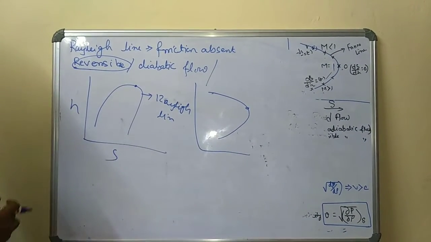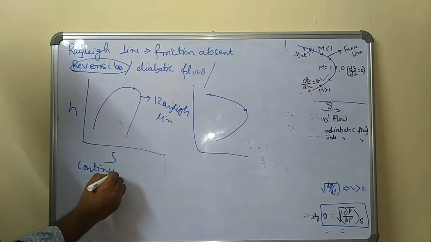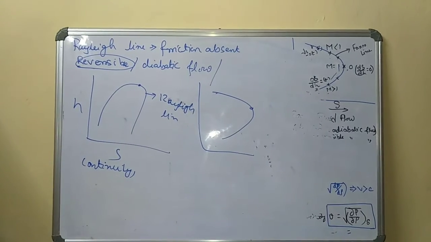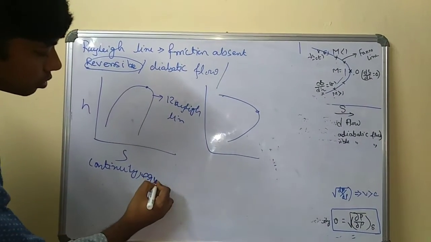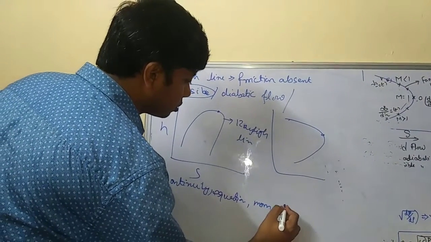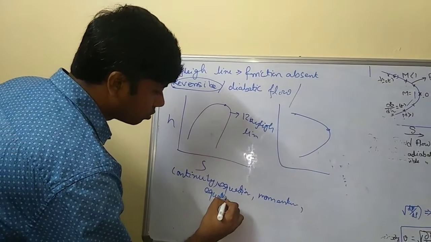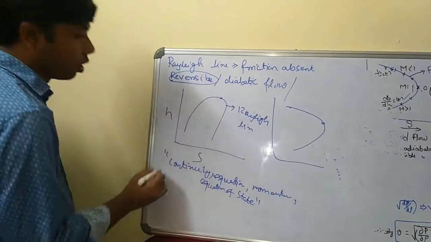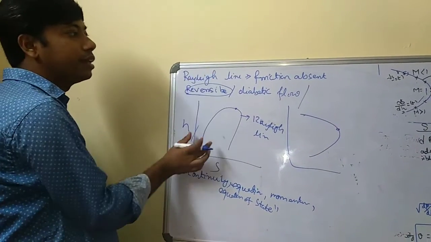Basically we consider the continuity equation, the momentum equation, and the equation of state. When you draw the h-s plot with these equations considered, that line gives you the Rayleigh line.